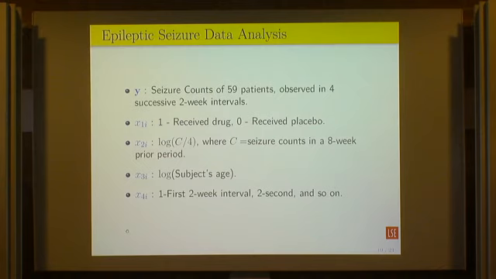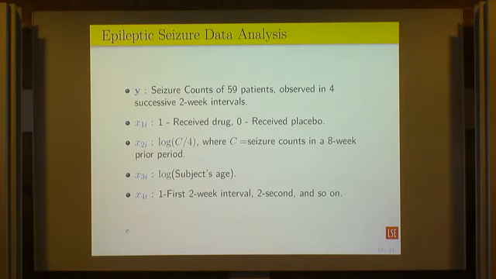At the same time, we control for other potentially very helpful covariates to see if the drug is actually marginally helpful. So this, you can imagine, will be a very important covariate: the seizure counts in an 8-week prior period. If you have a lot of seizures prior to the experiment, then you are expected to have more during the experiment.